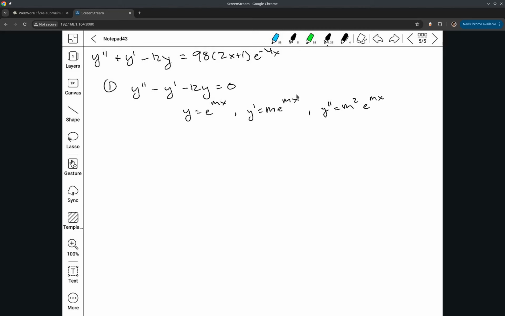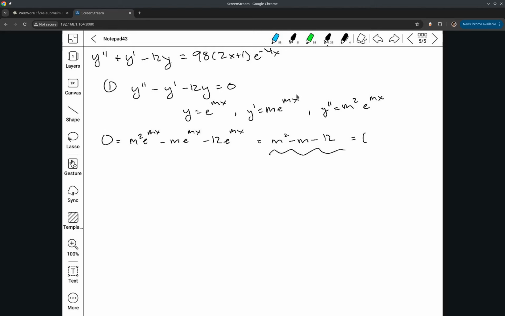So that's going to give us m squared e to mx minus m e to mx minus 12 e to mx is equal to 0. Or, dividing out that e term, m squared minus m minus 12 is equal to 0. And that's my auxiliary equation, the thing that I'm going to have to plug into that first box on WebWork.